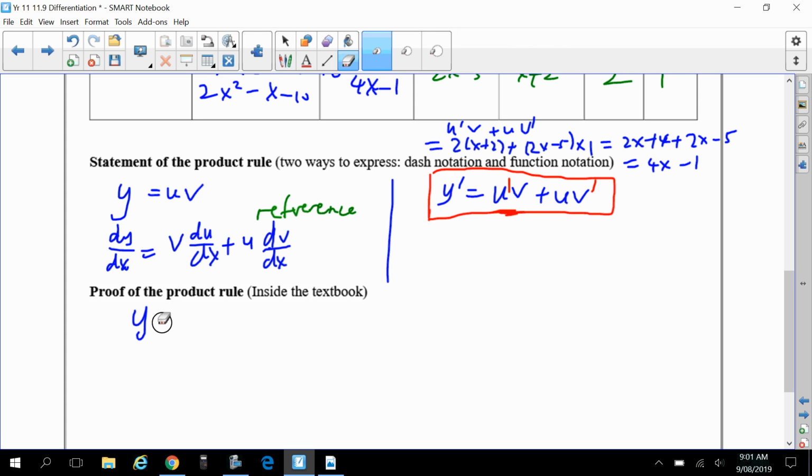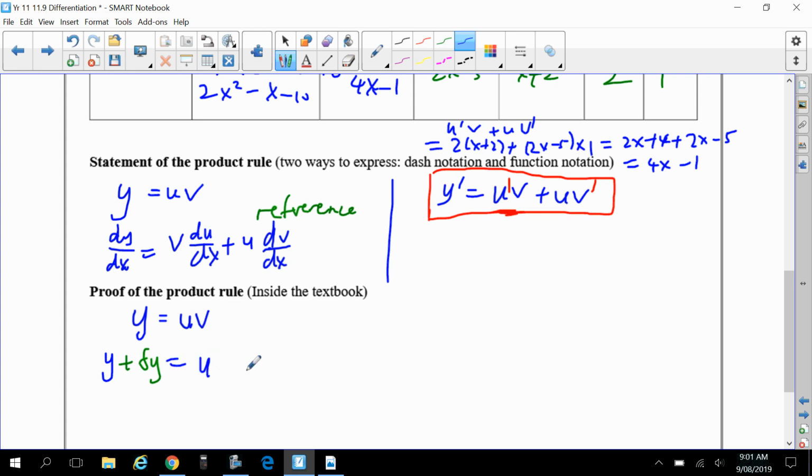Y equal to UV, and what they did is they add delta. They add a little bit to the Y, and when Y changes a little bit, so do the factors. The U changes a little bit, and V changes a little bit, right?